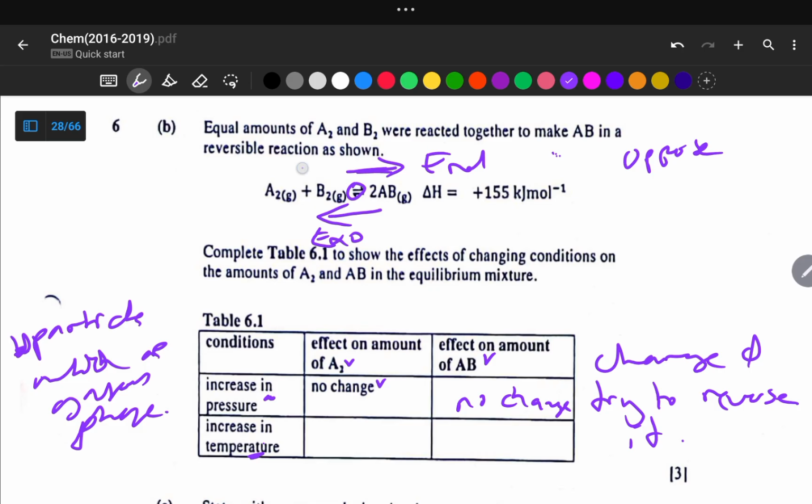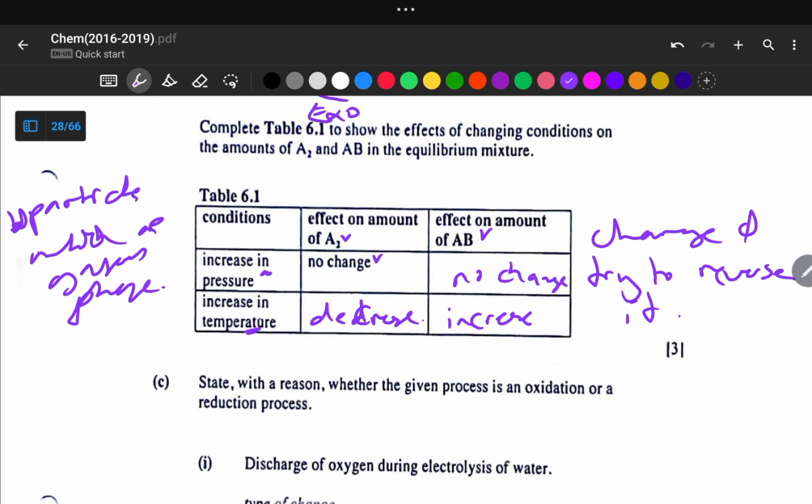So by increasing heat, we oppose by absorbing. The reaction which absorbs heat is the forward reaction, so we are favoring the production of AB. The concentration of AB is going to increase, and the concentration of A will decrease, right? Are we together? So these are the explanations of the prediction.